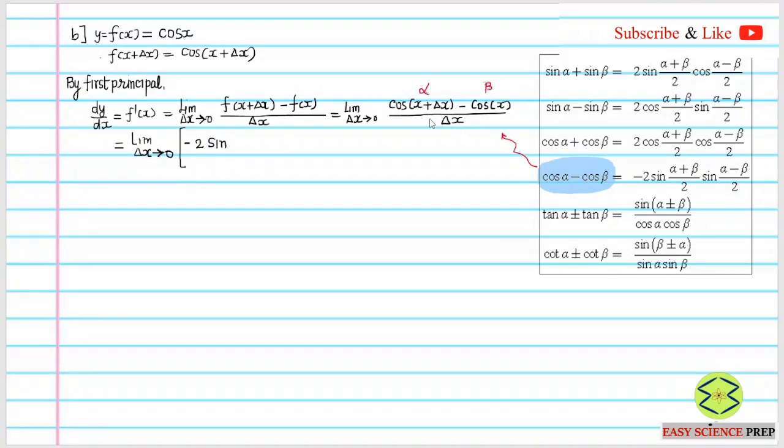So alpha is x plus delta x, and beta is x, so x plus delta x plus x, whole divided by 2, into, again you will get sine of alpha minus beta by 2, so you will get x plus delta x minus x, whole divided by 2. And then we have in the denominator delta x. That will be as it is.